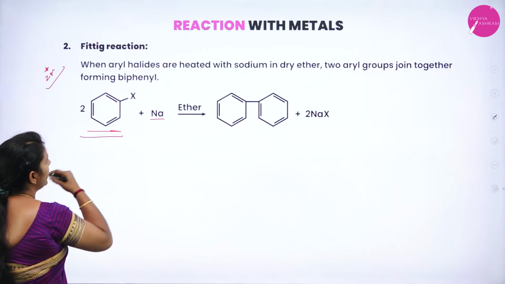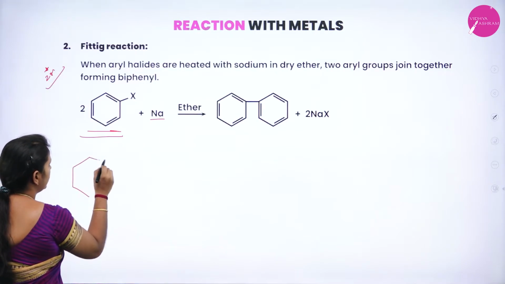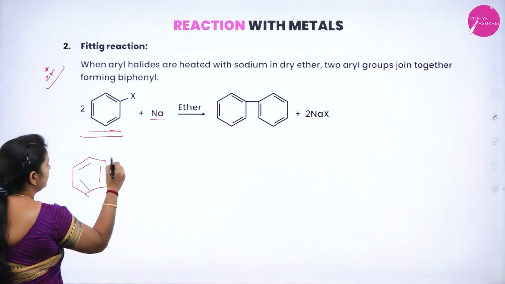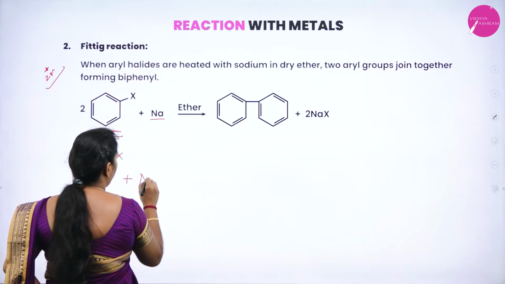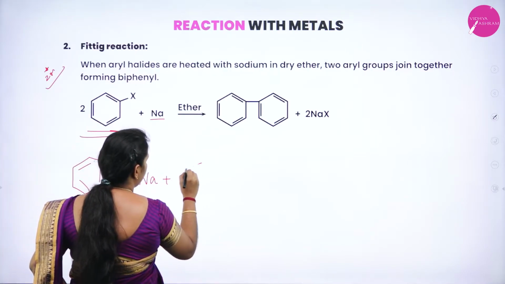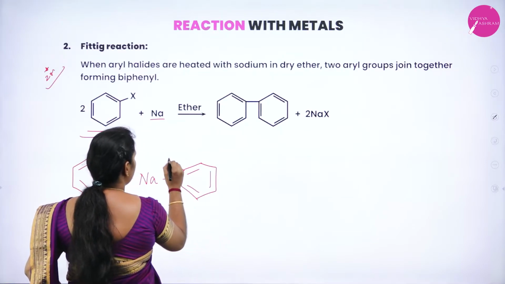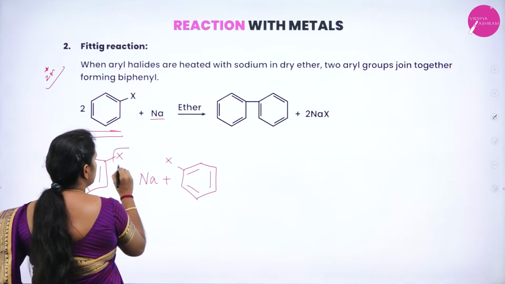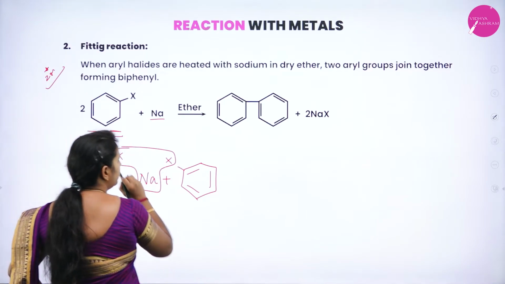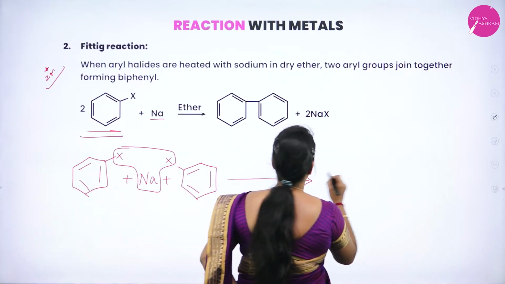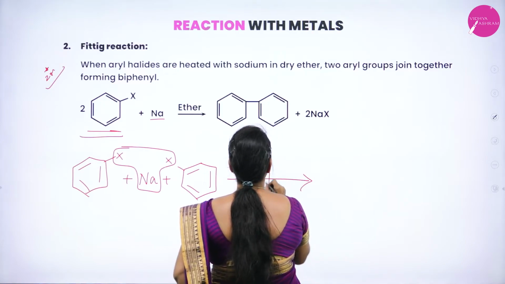Instead of writing this reaction this way, you can rewrite it like this. Our sodium will take up this halogen in the presence of dry ether.